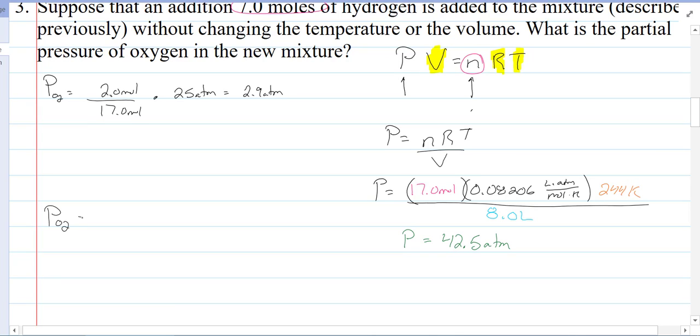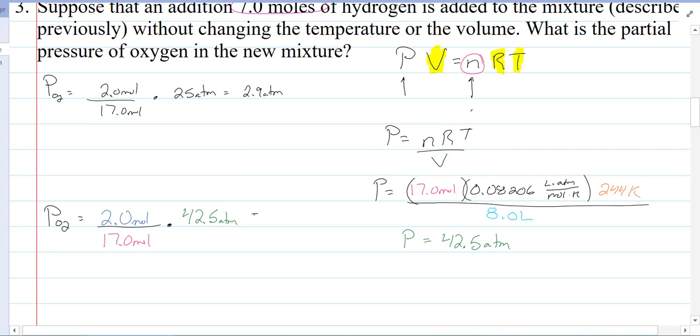Pressure of O2 is 2 moles of O2, 2.0, all over my 17 moles total, so my mole fraction, and the pressure is now 42.5 atmospheres.